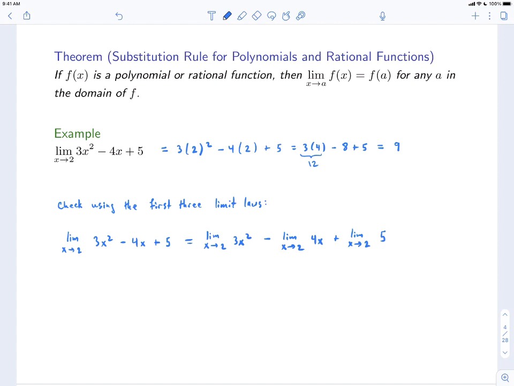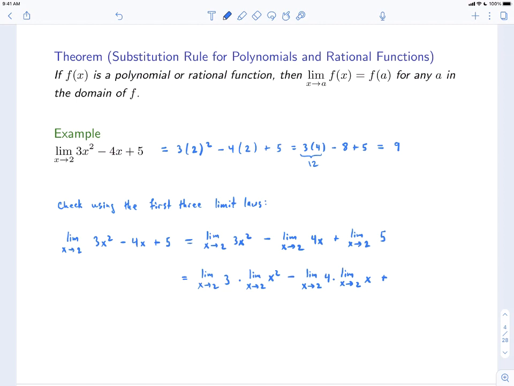So let's first look at this term, the limit as x approaches 2 of 3x squared. Well, we also know that the limit of a product is the product of the limits. So this becomes the limit as x approaches 2 of 3 times the limit as x approaches 2 of x squared, minus the limit as x approaches 2 of 4 times the limit as x approaches 2 of x, plus, and now we have the limit of a constant.